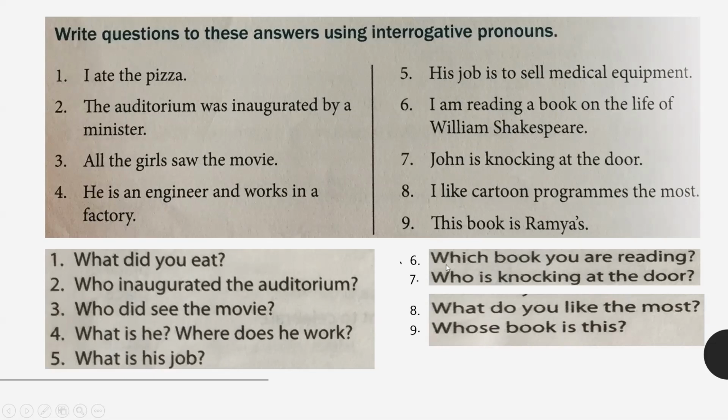John is knocking at the door. Next one, what do you like the most? I like cartoon programs the most. Next, whose book is this? This book is Ramya's. So in this way, we have used these interrogative pronouns such as what, who, which, whose for framing a question, and you have to use a question mark.